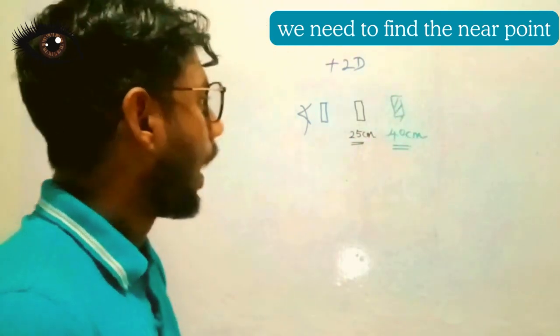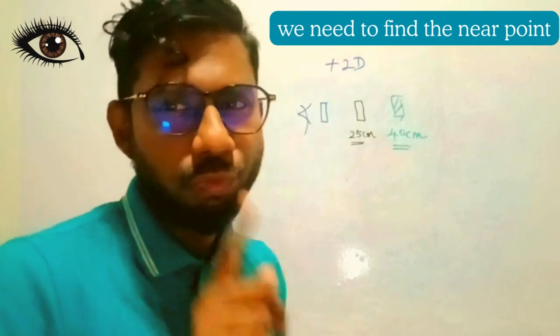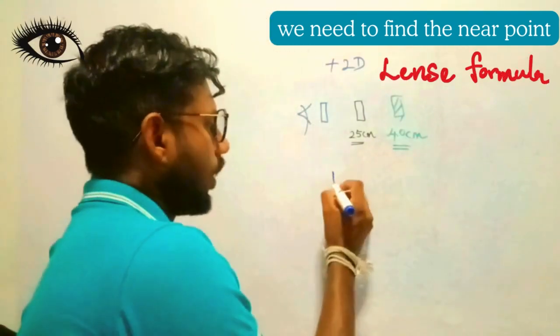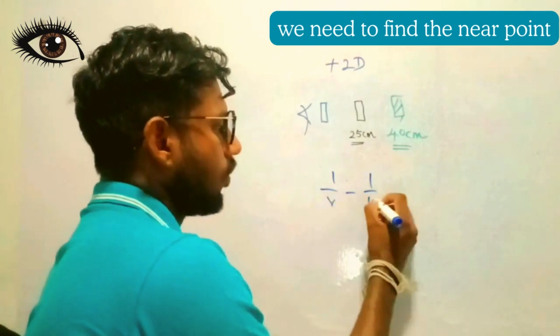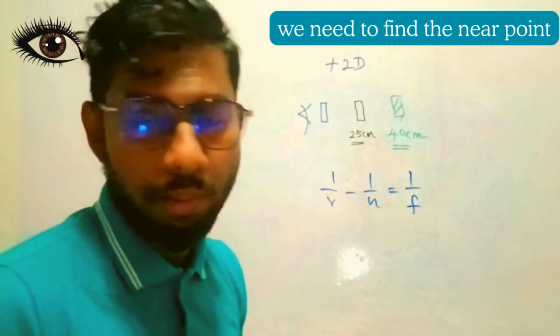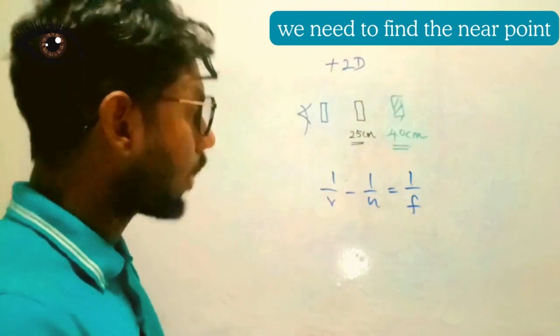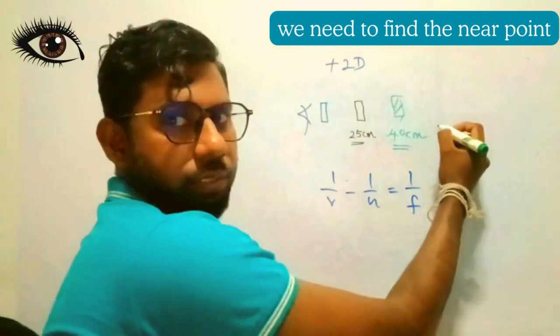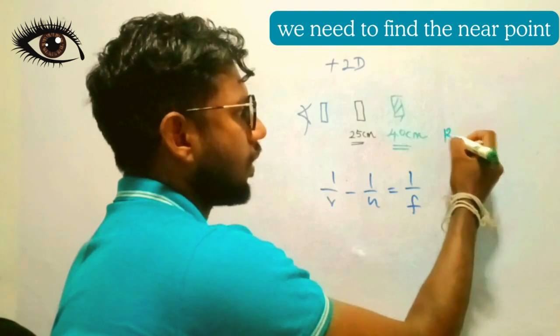So let's apply the lens formula to find the real near point. 1 over v minus 1 over u equals 1 over f. This is the equation we are going to apply here. What is basically happening is that the real near point is somewhere here.